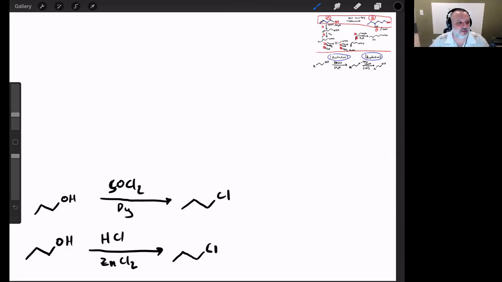Does the protection step have to be first? No, it could have been one of the other steps in the middle, but it had to be definitely before the Grignard reaction. And so to go back to the other question, is it the best method? The answer is maybe, probably, yes, no, I don't know.